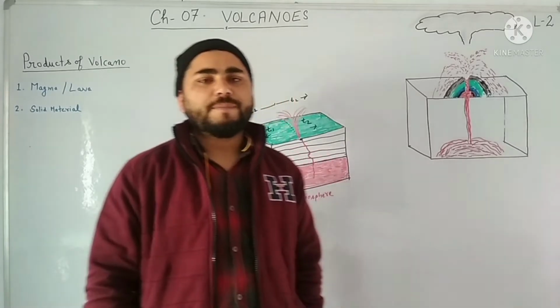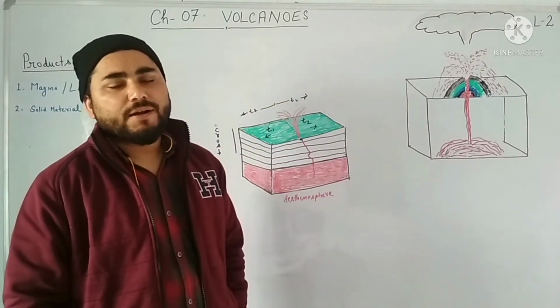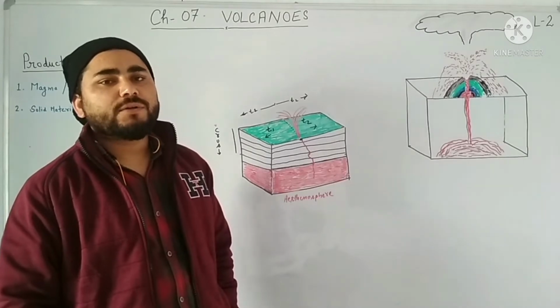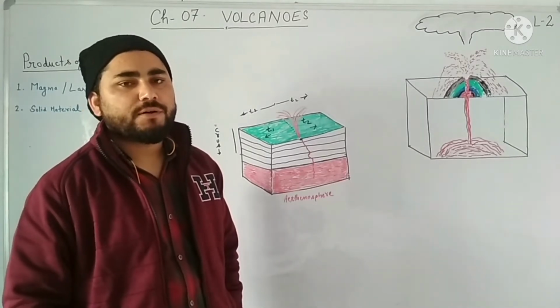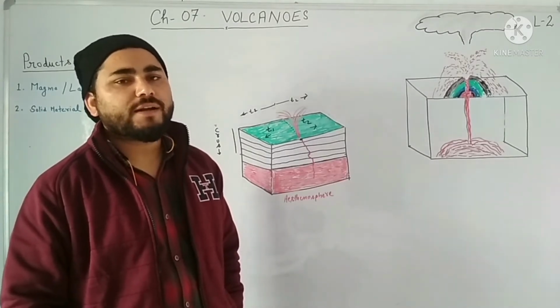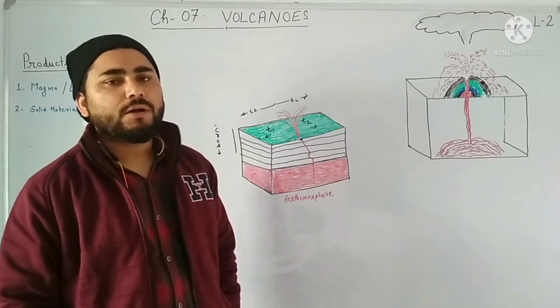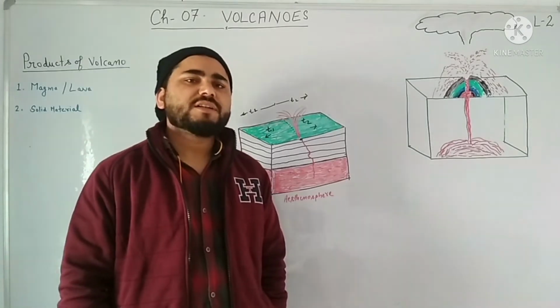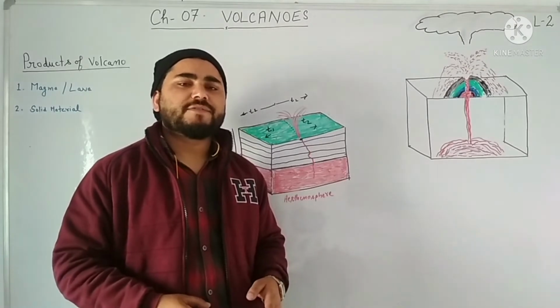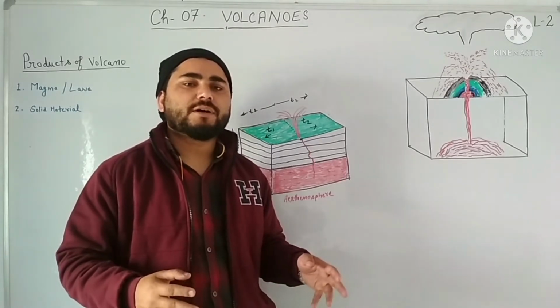When volcano erupts, then the crust which is overlying the mantle or asthenosphere, the hard surface of that crust, gets broken down, right, and that entire surface is blasted through the cracks.